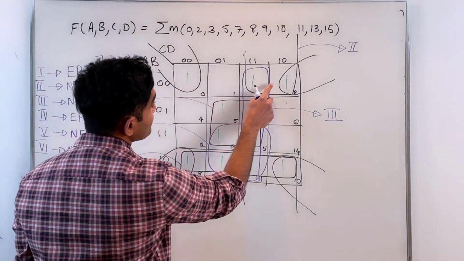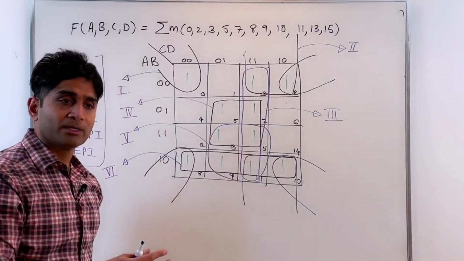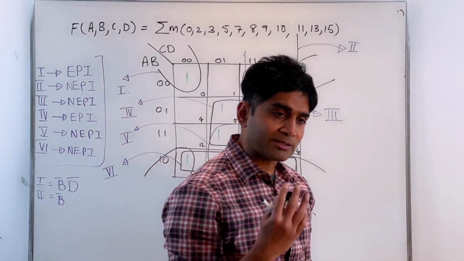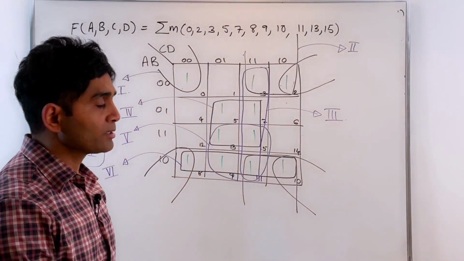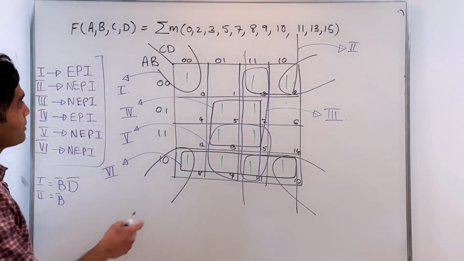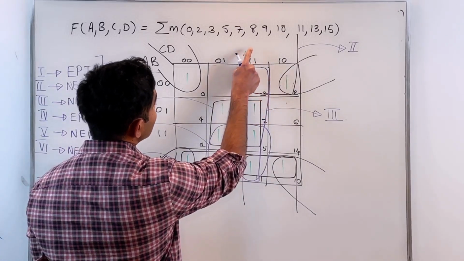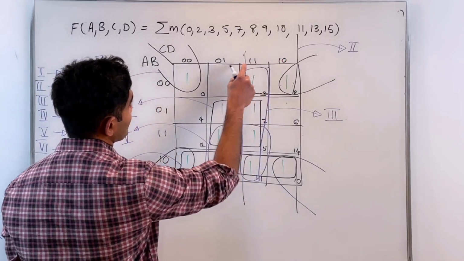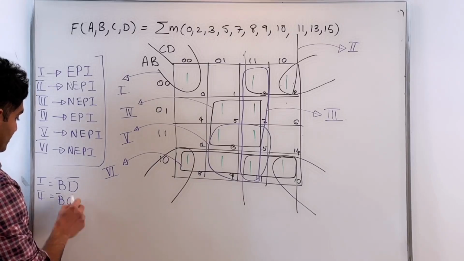I'm always going both vertically as well as horizontally to see which ones are remaining and which ones are changing, and I eliminate the ones that change and keep the ones that do not change. So when I go from this adjacent cell to this adjacent cell, C remains as C, D changes from D to D prime, so that's B prime C.